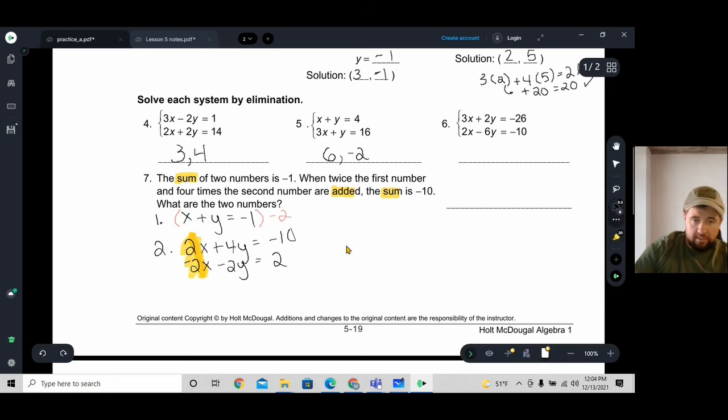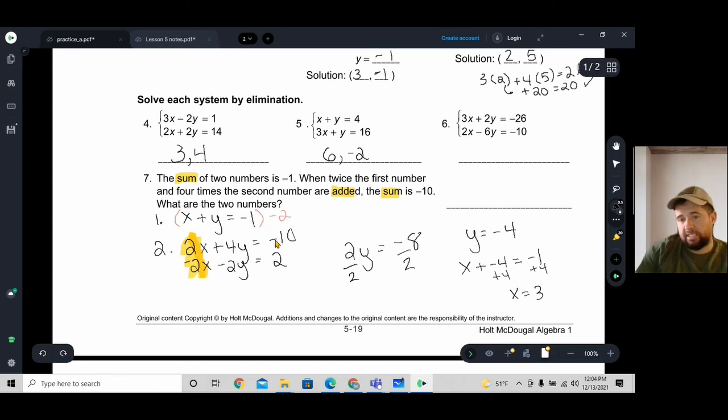And we'll be left with 2y equals negative 8. I'm going to divide by 2, y equals negative 4. I'm going to take this negative 4 and plug it in. So x plus negative 4 equals negative 1. I'm going to add 4 to both sides. x equals 3.